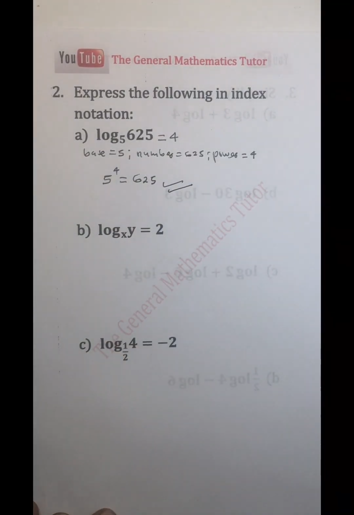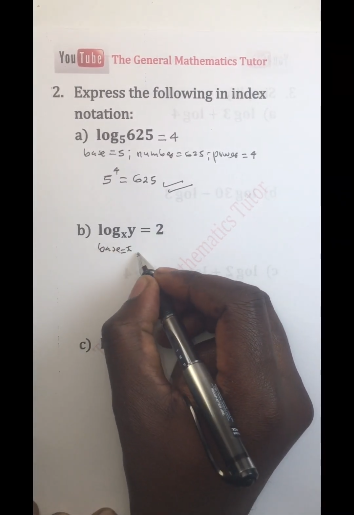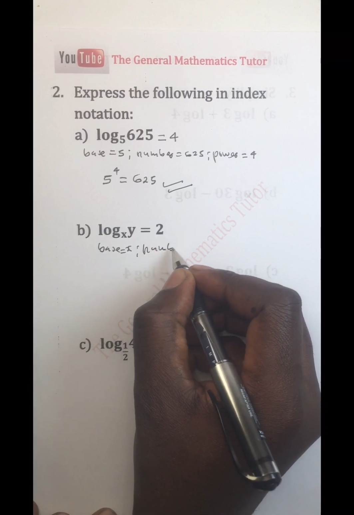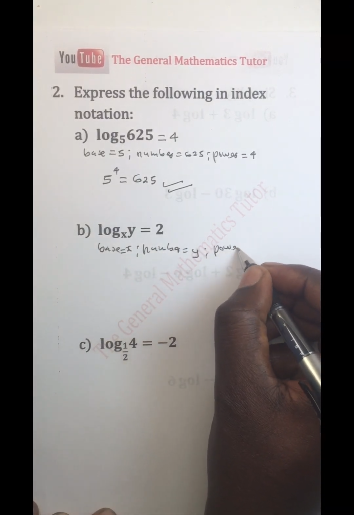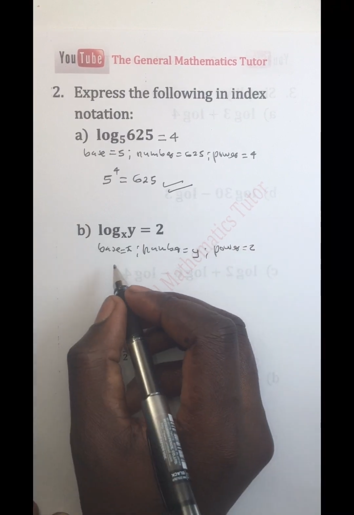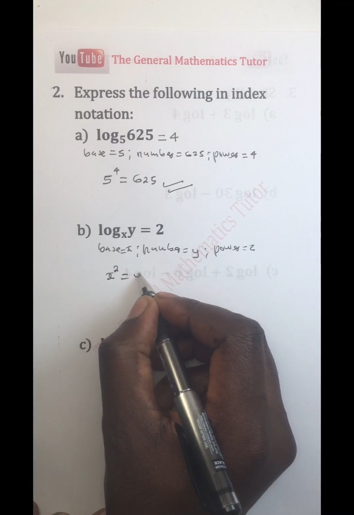Part B, log to base x of y is equal to 2. So in this case the base is x, the number is y, and the power is 2. So we have the base, which is x, raised to the power 2 is equal to the number y.